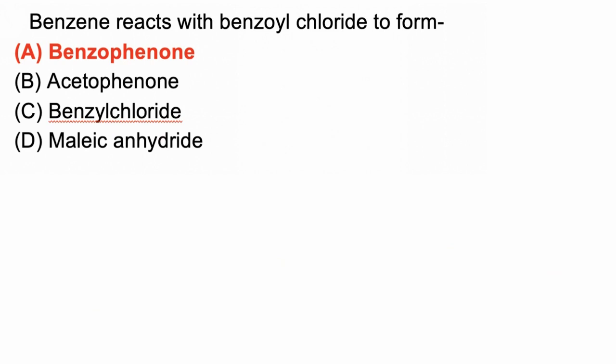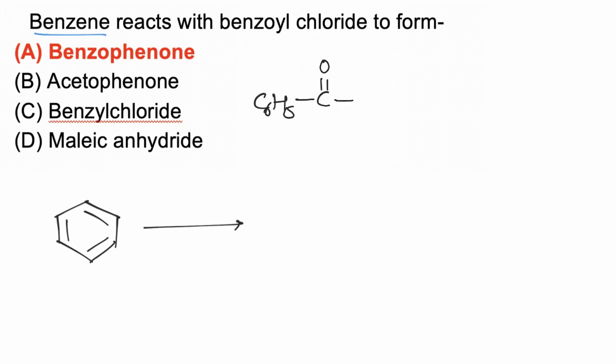In this question, we have to find the product formed when benzene is treated with benzoyl chloride. Now the benzene molecule has 3 pairs of electrons, so benzene acts as a nucleophile. Benzoyl chloride on reacting with AlCl3 forms a benzoyl carbocation.